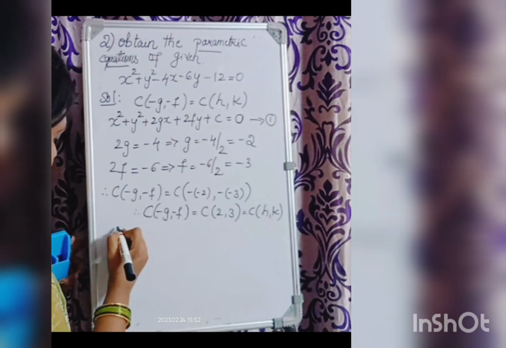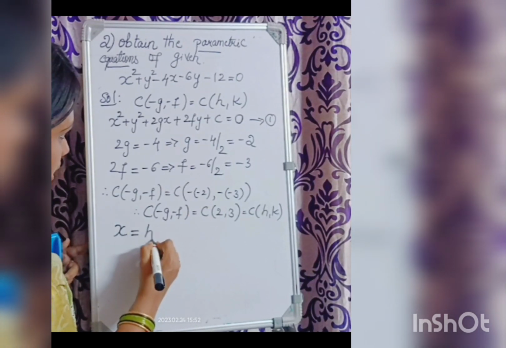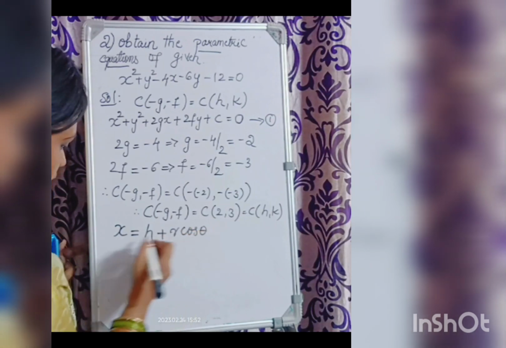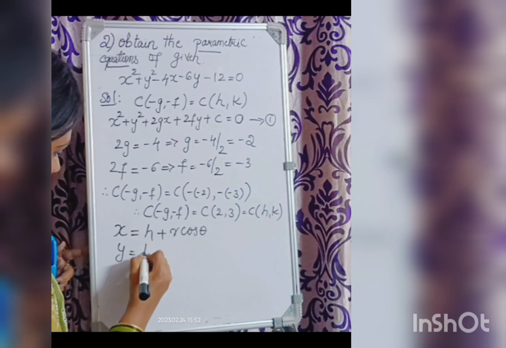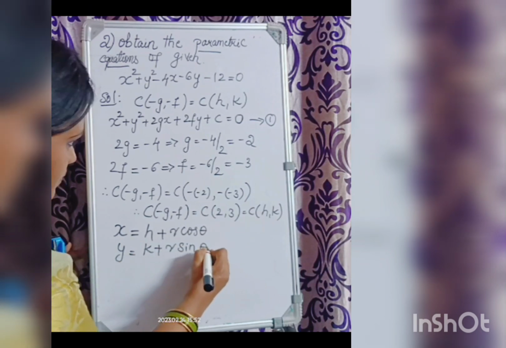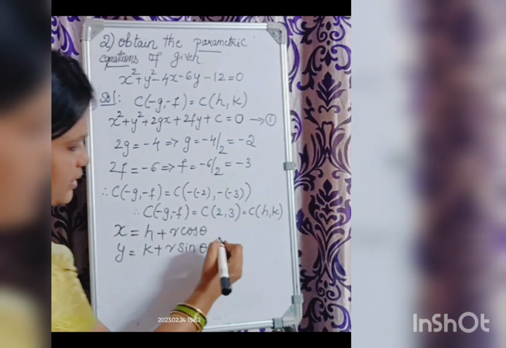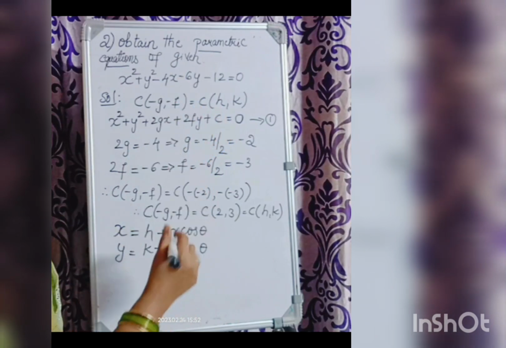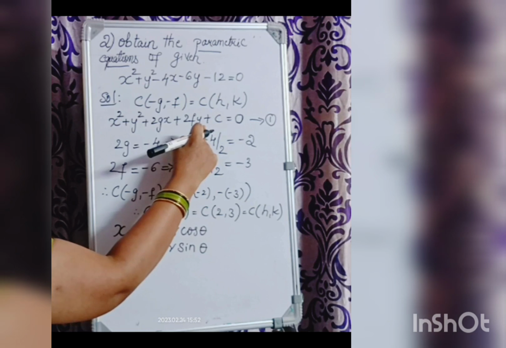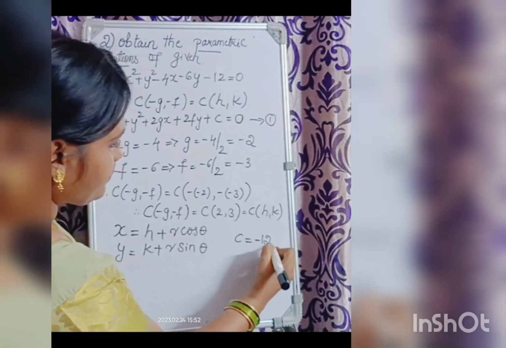So now the required parametric equations are given by the formula x is equal to h plus r cos theta and y is equal to k plus r sin theta. We know g and f, thus also c, right? By comparing the given equation with the standard equation, we get c is equal to minus 12, right?